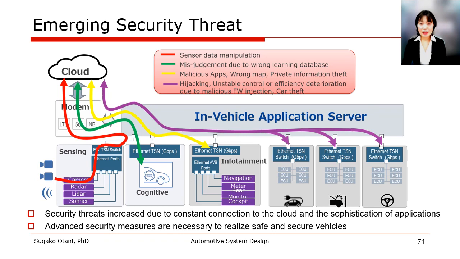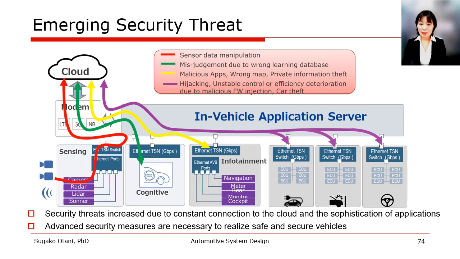Here we need to consider security threats regarding sensor data. For example, if LiDAR data is manipulated by another car, the car may collide with an object. For cognitive, if the learning database is falsified, misjudgment may occur and could cause a severe traffic accident. In the infotainment domain, malicious applications may be installed, resulting in private information theft.